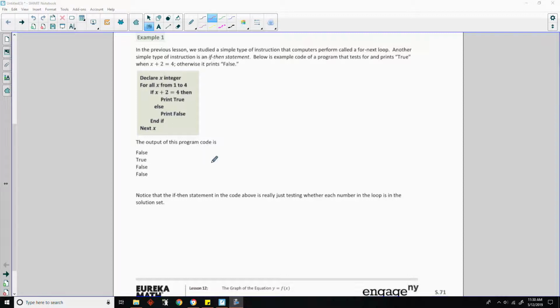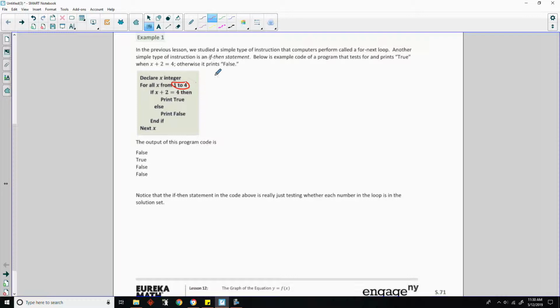Okay, so let's interpret this output. It says the output of this program code is false, true, false, false. So what they're saying is, for all integers from 1 to 4, if x plus 2 equals 4, then print true, else print false, and if next x.